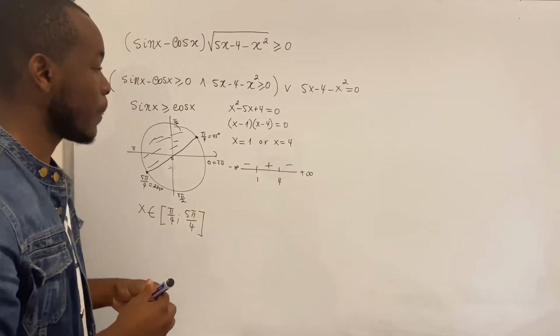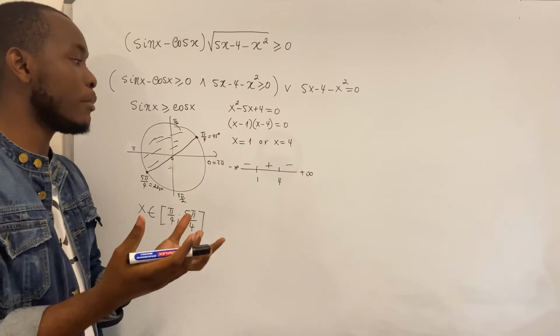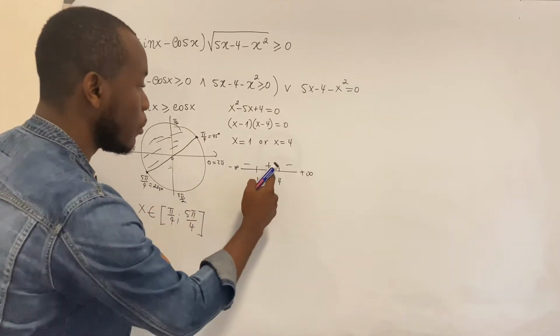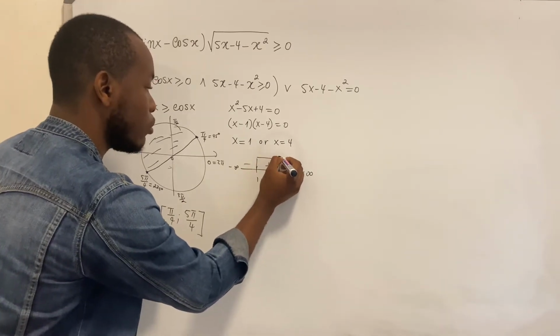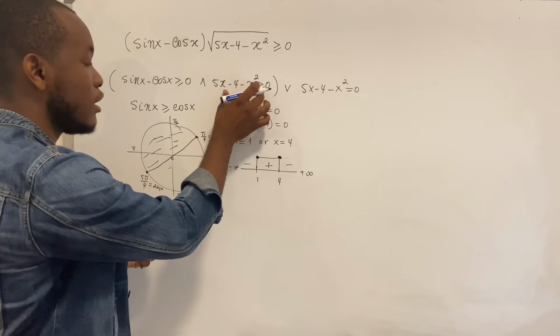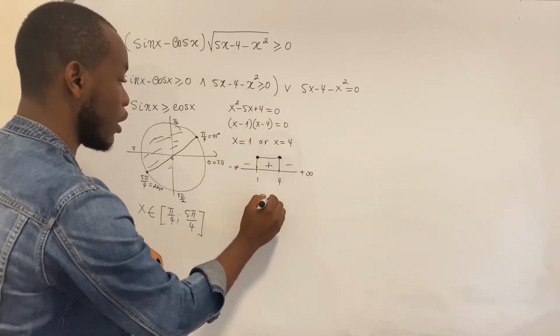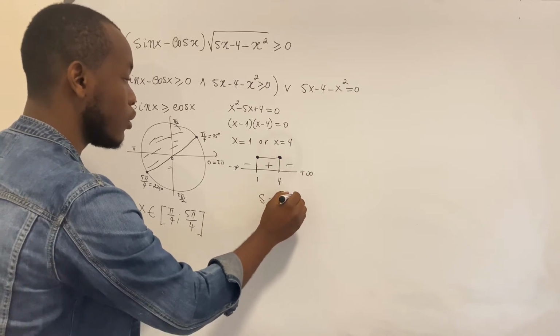Since our inequality is greater than or equal to 0, a number is only greater than or equal to 0 if it is 0 or positive, so we need the positive part. That is our solution. I can call this solution 1: the closed interval from 1 to 4.